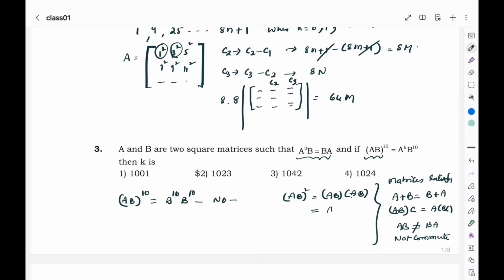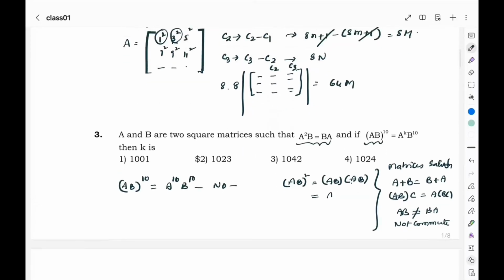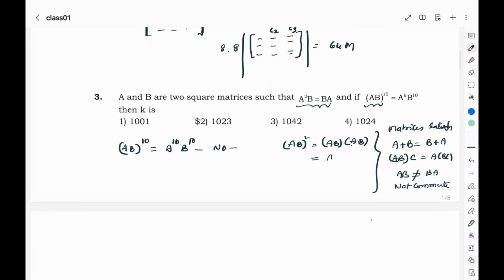That means you take two matrices here, A and B. Take an example: A as 1, 2, 3, 4, and B as 4, 5, 6, 7. No need to have all entries.